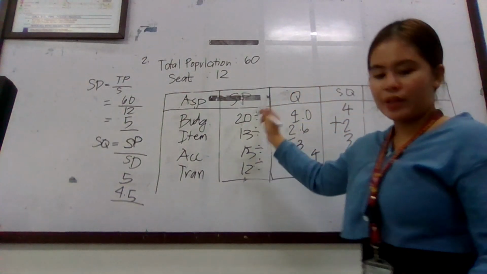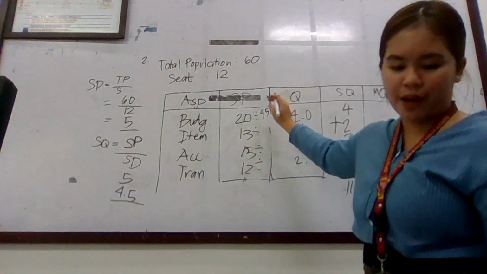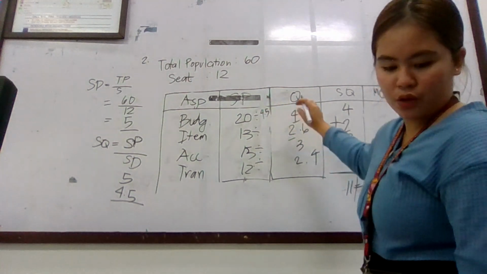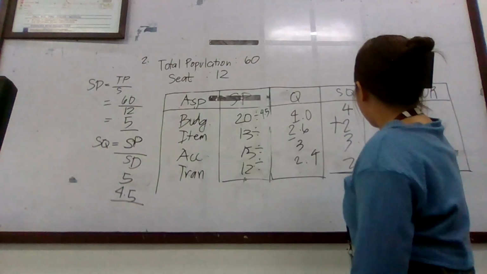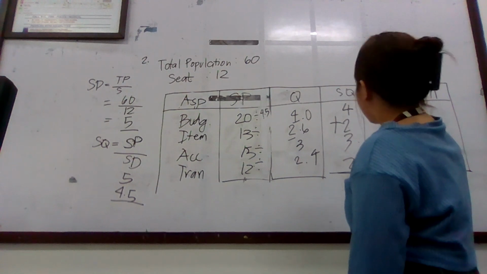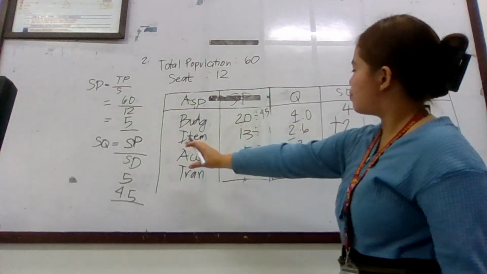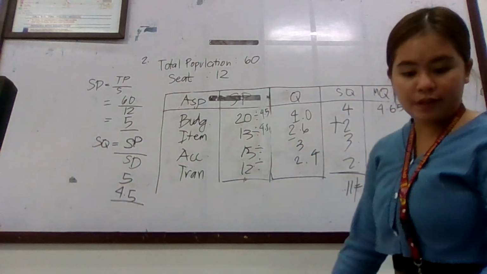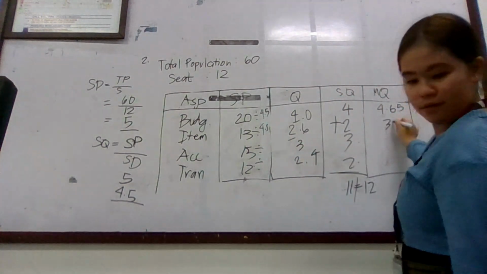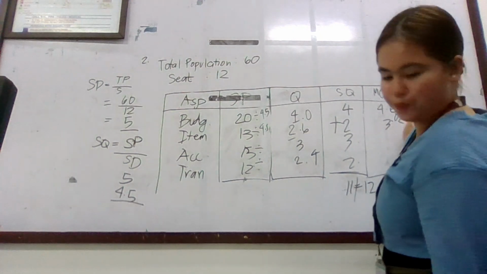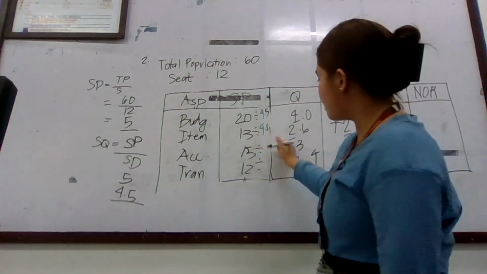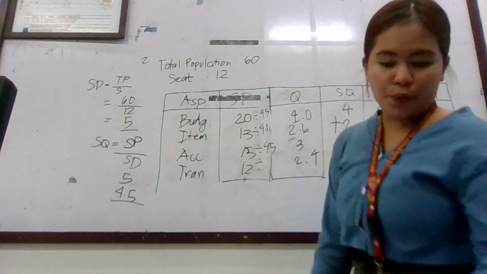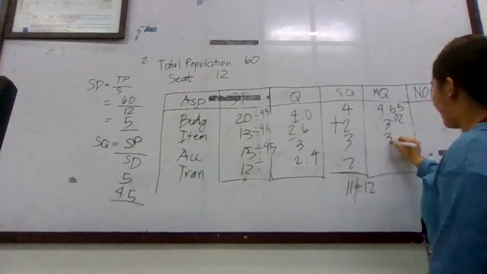So 20 divided by 4.5 will give us 4.65. So 13 divided by 4.5 will give us 3.02. So 15 divided by 4.5 will give us 3.48.